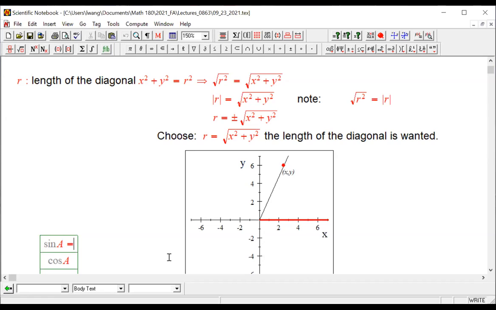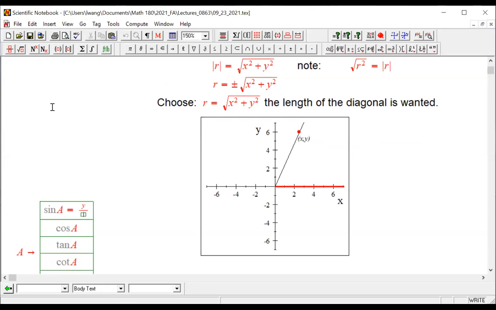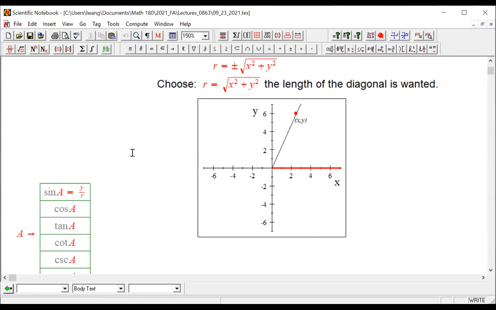In geometry, you only consider things in the first quadrant. You don't have to consider that the sides can be negative. But the sides can be negative in trigonometry. So now, what is sine of A? It's y over r.